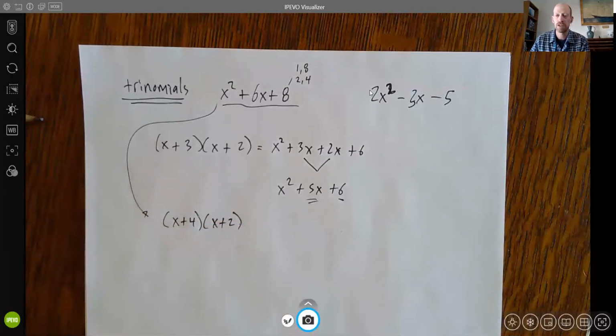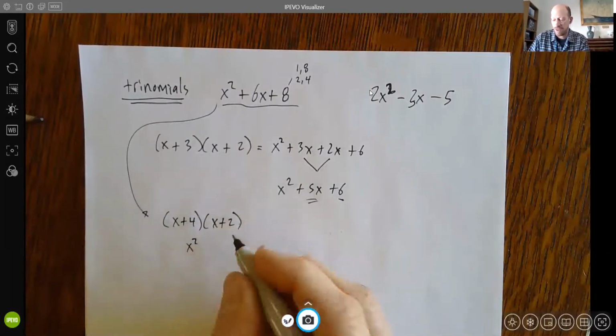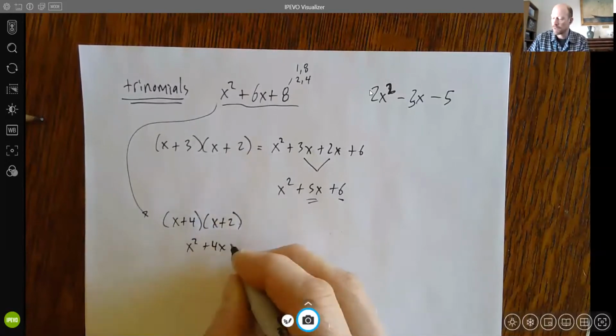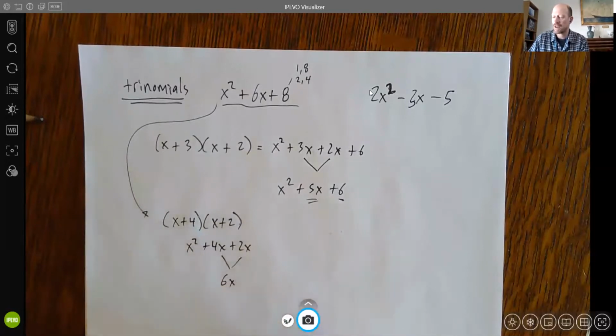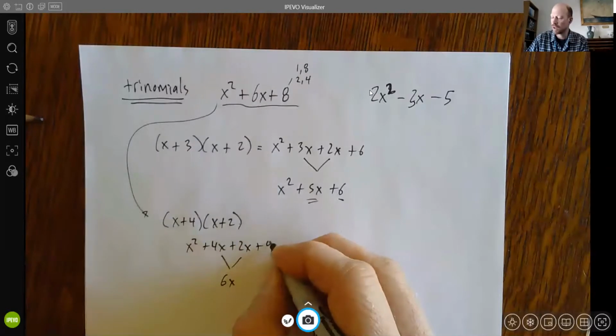And just like before, we check our work. X times x gives me the x squared. I get a 4x and a 2x, and just as we hoped, those add up to the 6x I was looking for. And the 2 and the 4 give me the 8.